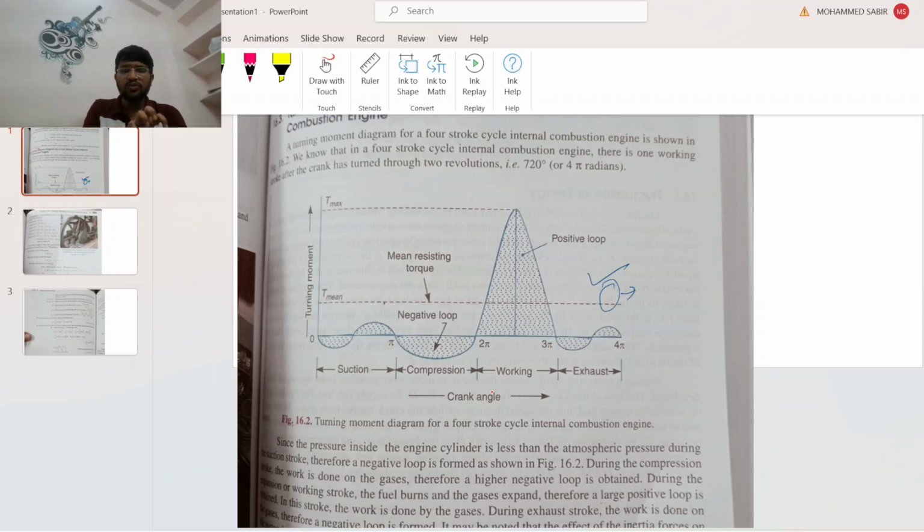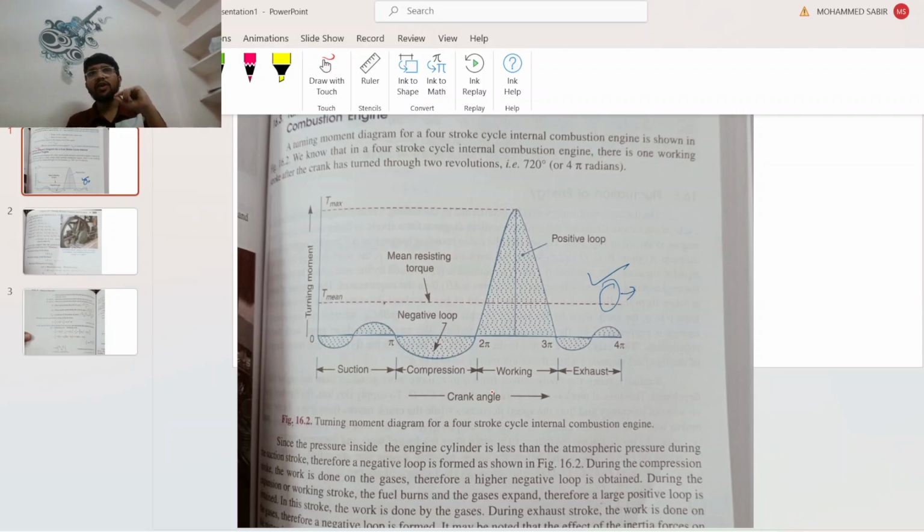The generated torque works against the resisting torque, but the generated torque is not equal to T mean; some gap is always there.